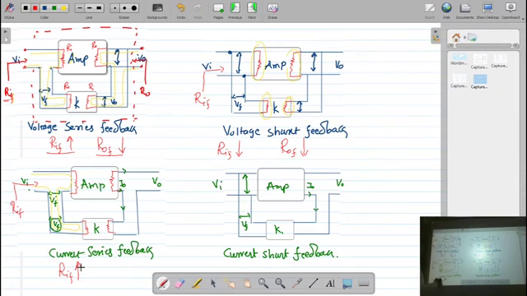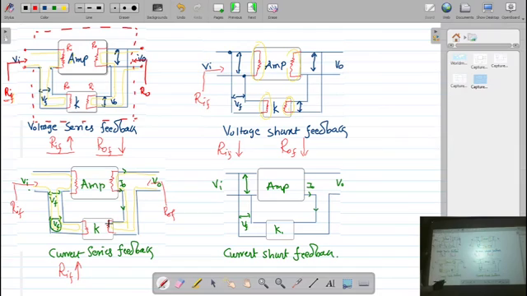Same way, if you look at this output terminal, the output resistance of the amplifier is in series with the input resistance of the feedback network. So here, if you measure the resistance from this point, ROF, both the resistances are in series.